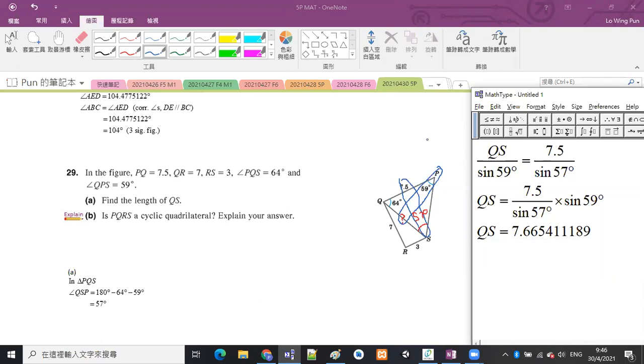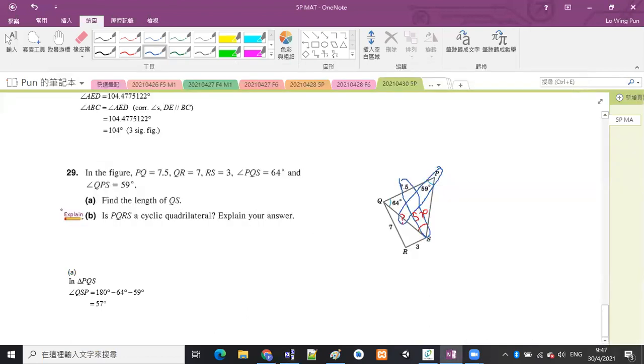Okay, but as QS will be the answer of part A, we better correct this to 3 significant figures. That should be 7.67, and this number is correct to 3 significant figures.